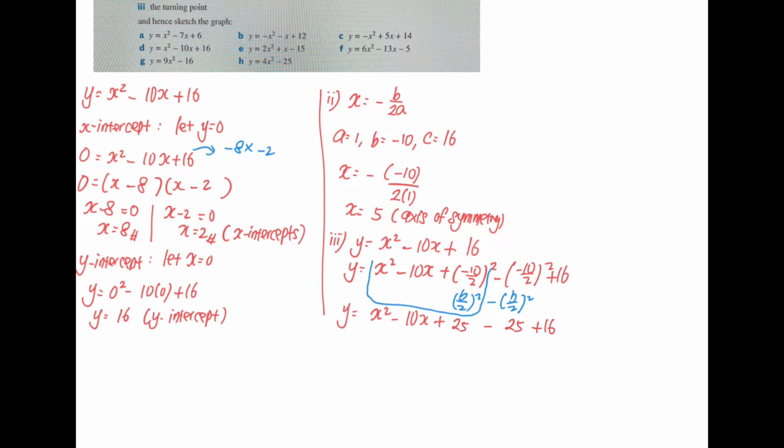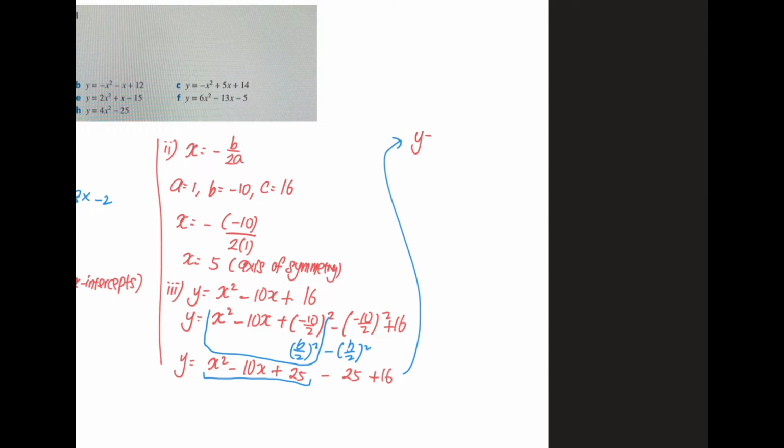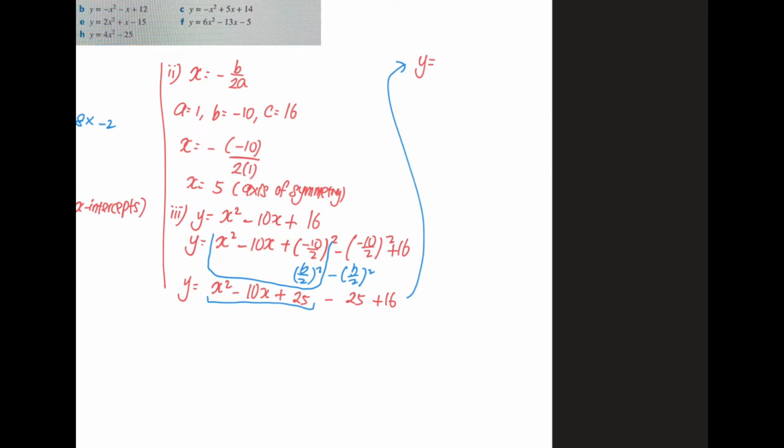For the first three terms, which form a perfect square, I'm going to factorize into two same factors. So y equals, to factorize this we can use a calculator, or just think of two numbers that multiply to get 25 and add up to get minus 10. That is minus 5 times minus 5.